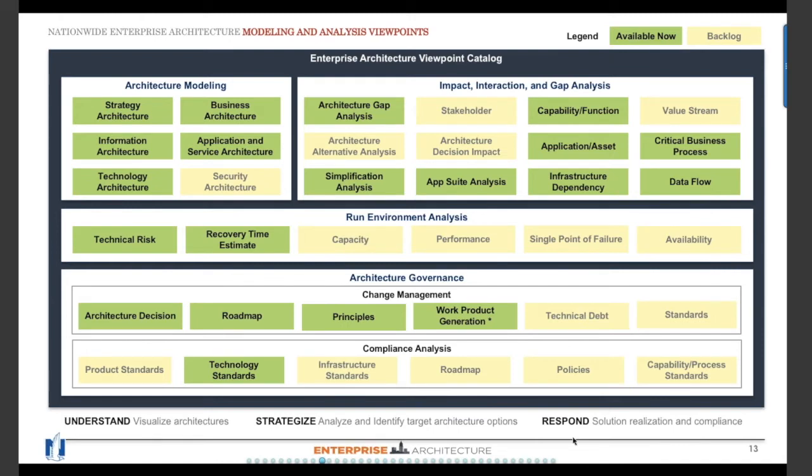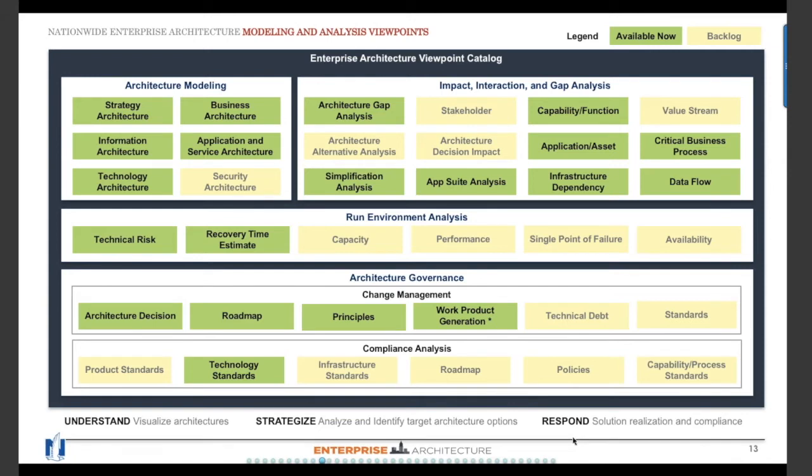One was around architecture modeling: how do you create architecture content. The second was for us to be able to understand and analyze the architecture itself, so impact, interaction, and gap analysis. We also provide a lot of viewpoints that allow us to do run environment analysis as we are making target architecture decisions.